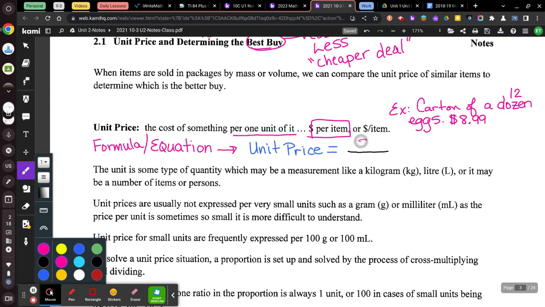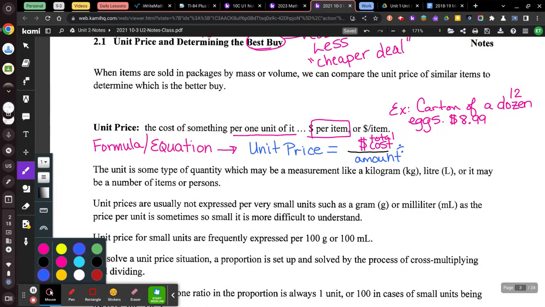It's going to be the total cost over the amount. So the money is always on top, and you literally divide the numbers. We're going to take total cost divided by the amount.